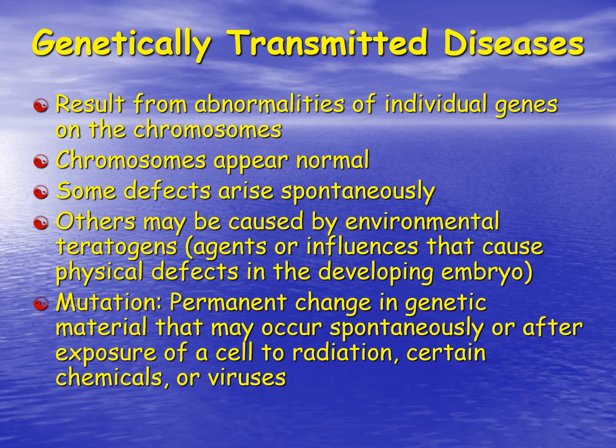Mutations are permanent changes in the genetic material. Again, they may occur spontaneously or in combination with exposure to something in the environment, such as radiation, chemicals, one of these teratogens, or viruses.